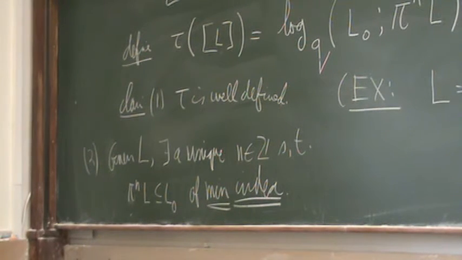I can assume it is a positive power of pi, which means that the index of the next one will be the index of the first one times something, because multiplying by a positive power of pi shrinks it down a bit more, so it's not minimal anymore. So the minimal one is unique. I can have two lattices of the same index, but if two integral lattices of the same index are equivalent to each other, then they must be equal.